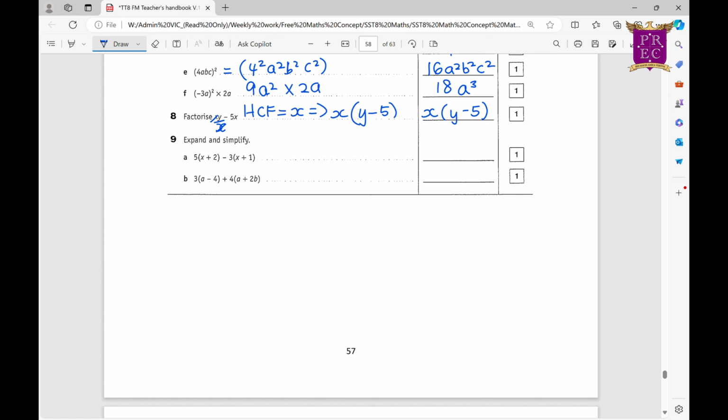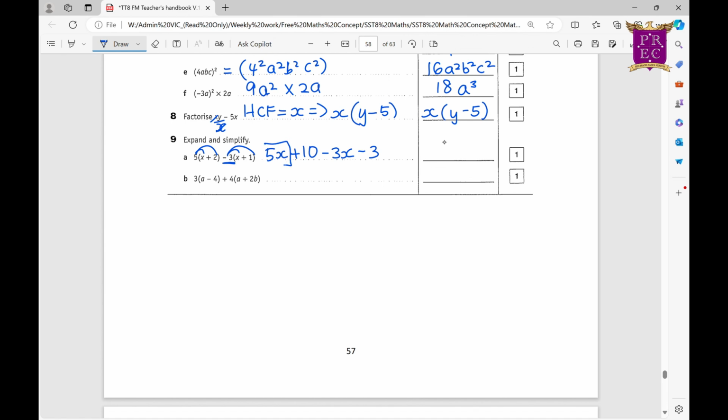Alright, so first you're just multiplying the outside terms with the inside ones, and be wary that the second outside term is a -3. So 5 times x is 5x, 5 times 2 is 10, -3 times x is -3x, -3 times 1 is -3, and then you just have to group the like terms together.